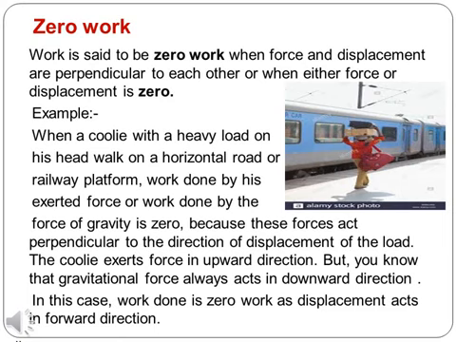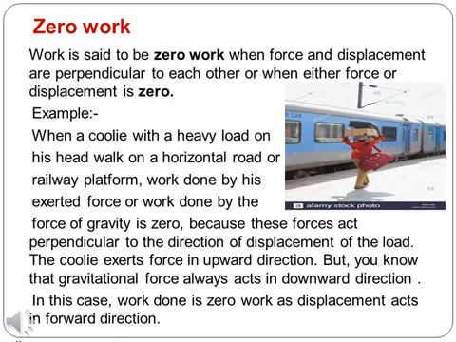And the last one is zero work. Work is said to be zero work when force and displacement are perpendicular to each other, or when either force or displacement is equal to zero.